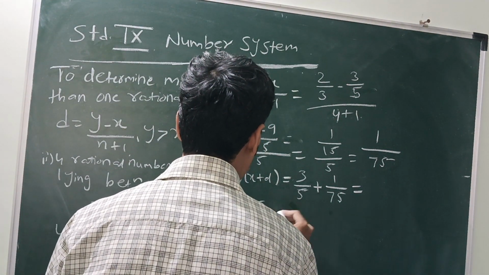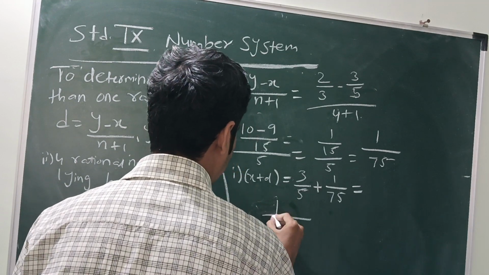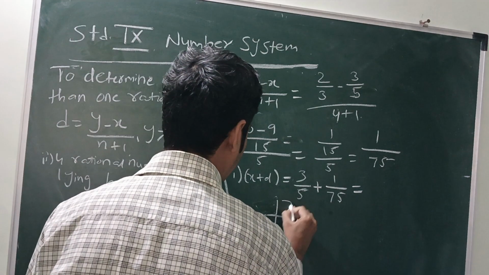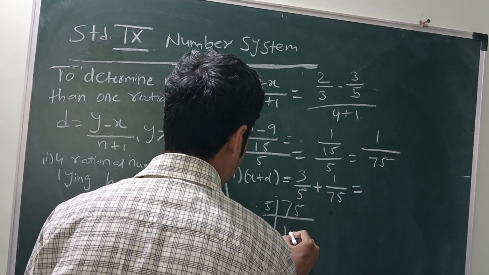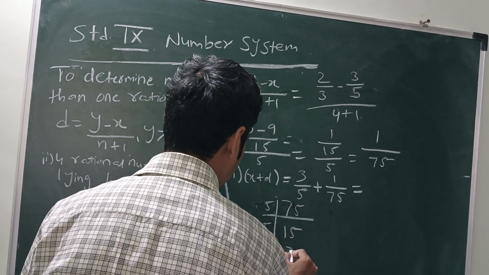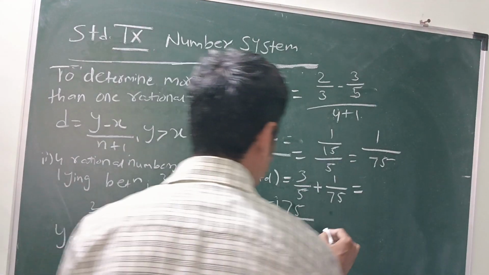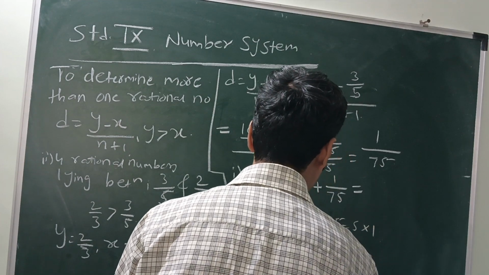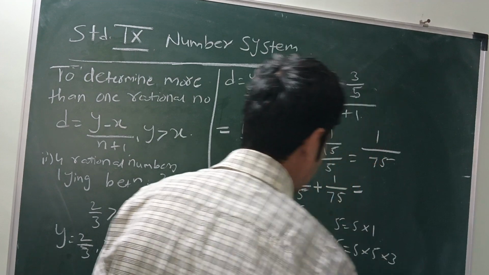Just write the factors for your, आपके आसानी के लिए मैं ये फैक्टर्स ढूंढ रहा हूँ. 75, 5, तो 5 ones are 5, 5 fives are 25, 5 threes are 15 and 3 ones are 3. Now the factors for 5 are 5 multiplied by 1 and 75 are 5, 5 and 3.